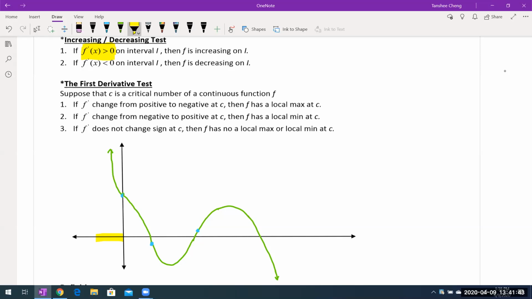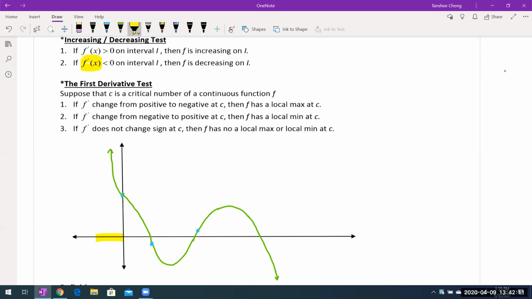So that falls into this situation right here: the value of f prime is less than 0. From negative infinity up to 0, the slope of the tangent line is negative, so the function is decreasing in that interval.